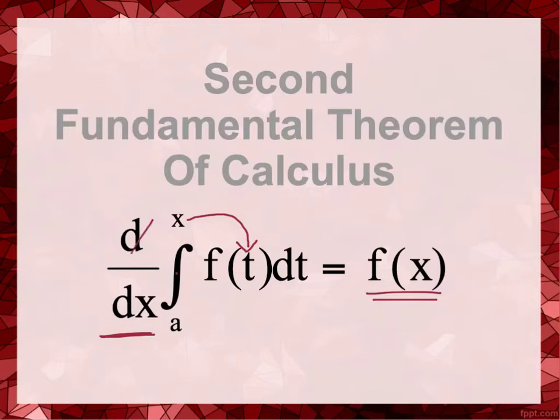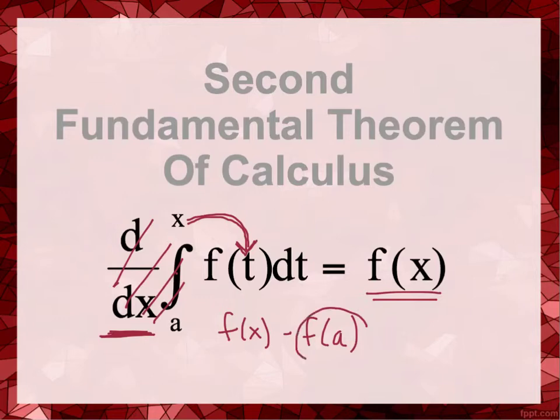So we could imagine those would cancel each other out, and then we would substitute in f of x minus f of a, but because we do a derivative, the derivative of f of a, which would be a number, would just be 0. So we would just get f of x.